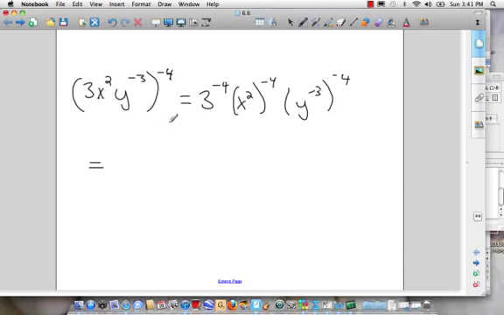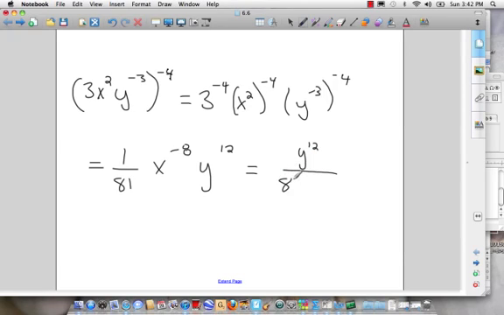So since 3 to the fourth is 81, 3 to the negative fourth is 1 over 81. And then we have x, we multiply the 2 times negative 4 and we get negative 8. And then we multiply the negative 3 times the negative 4 and we get positive 12. We can clean this up, put the y to the 12th in the numerator because it's got a positive exponent.